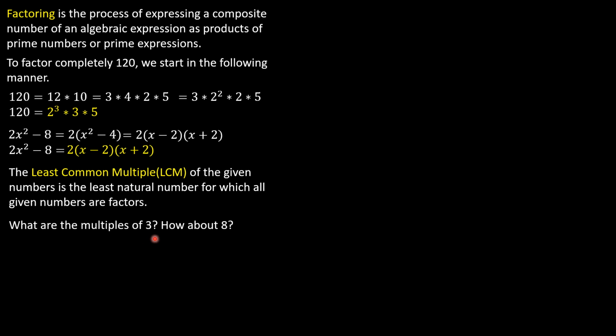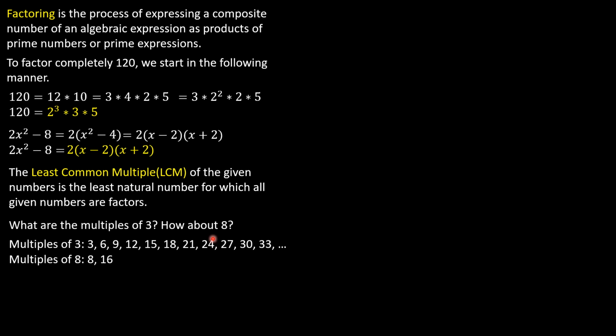Multiples of 3: 3, 6, 9, 12, 15, 18, 21, 24, 27, 30, 33, 36, 39, etc. Multiples of 8: 8, 16, 24, 32, 40, 48, 56, 64, 72, 80, 88, 96, 104, etc.